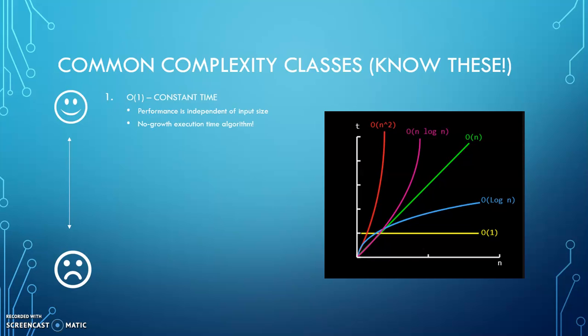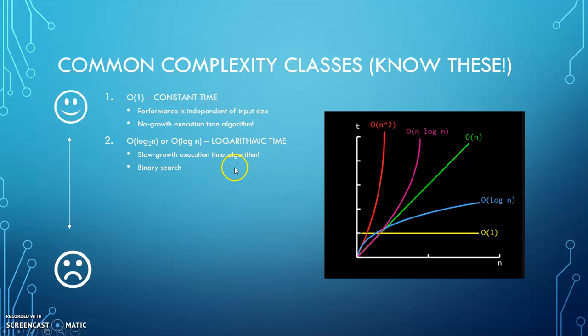Now the first one, the best, is this constant time because it's predictable and it's a no-growth execution time algorithm because the performance is completely independent of the input size. Now, this is great, but it's just not realistic for anything complex like searching or sorting. So that's going to be off the table in most cases, unless you're doing something very, very simple.